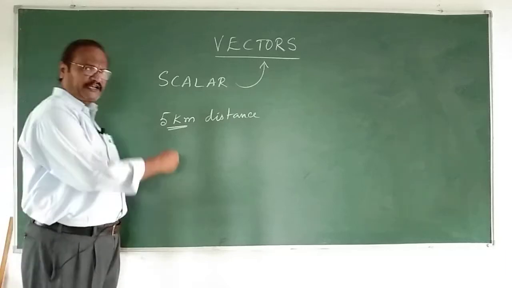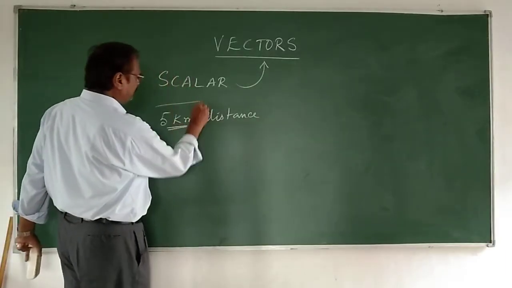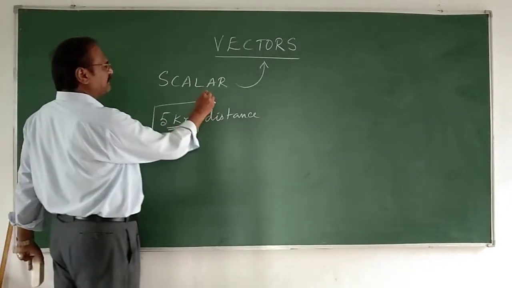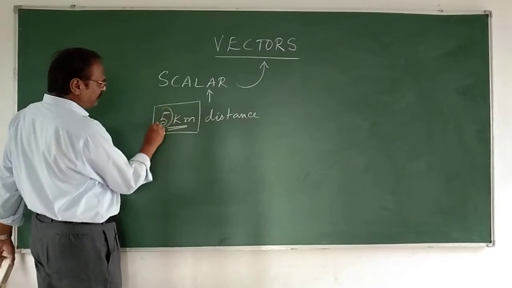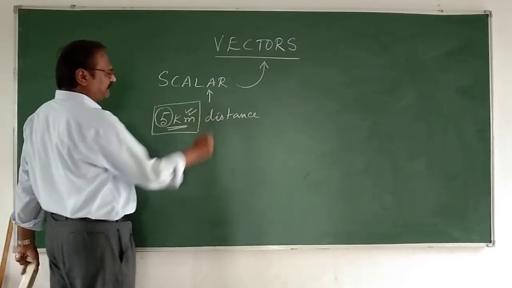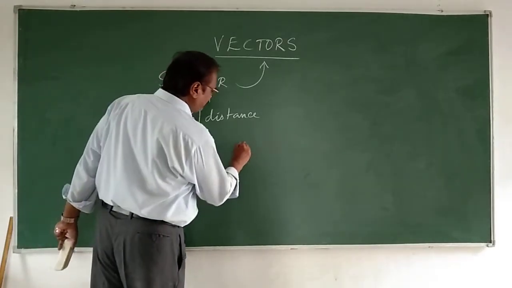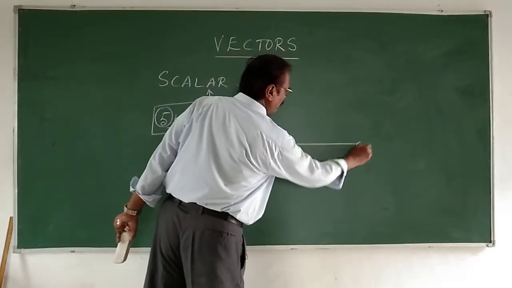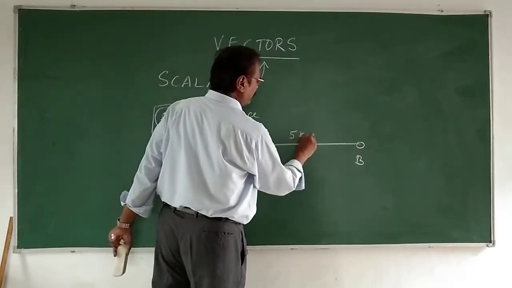Anywhere I can walk, or I can walk in a village. Now, that 5 kilometer distance is a scalar quantity, and 5 is the number, which is magnitude, and kilometer is the unit. Now watch carefully. Now when I say 5 kilometer distance, I am going to go from point A to point B, which measures 5 kilometer.